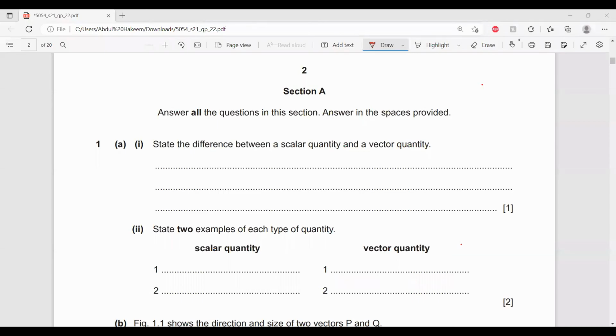Okay, Beta. State the difference between a scalar quantity and a vector. So a scalar has magnitude and unit.